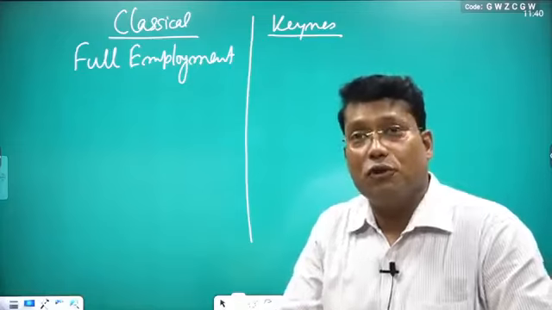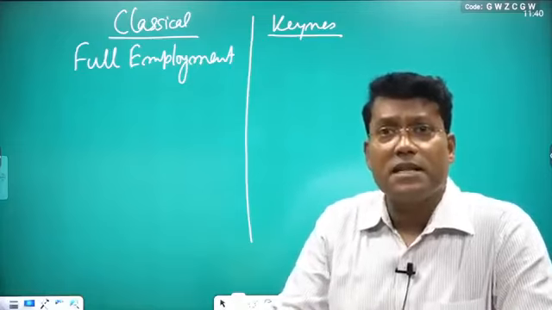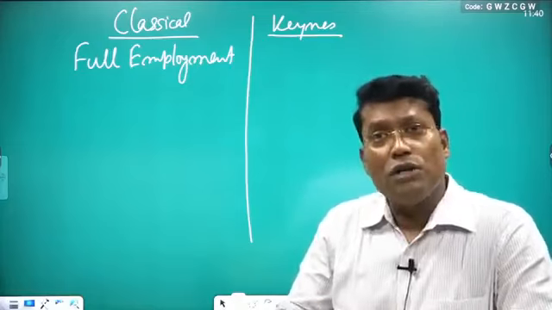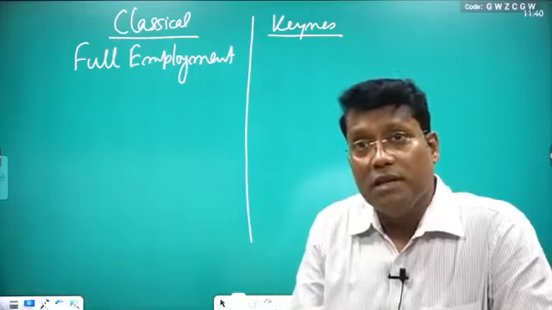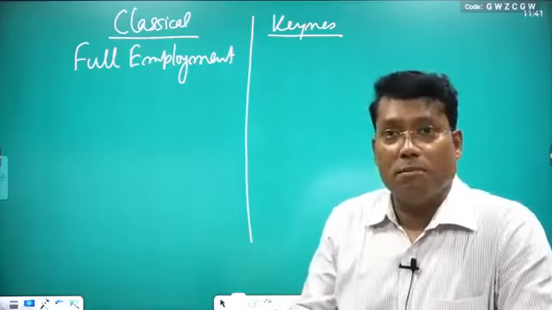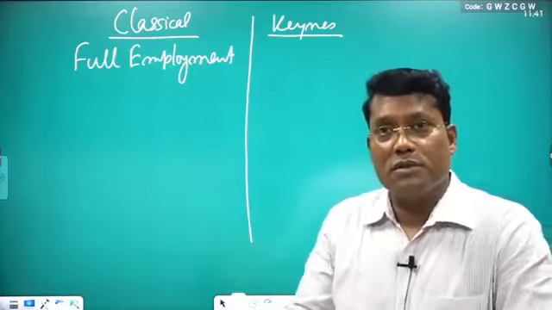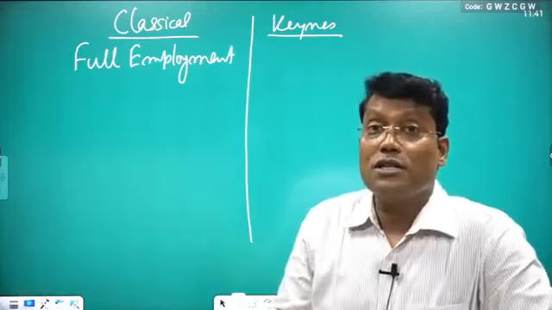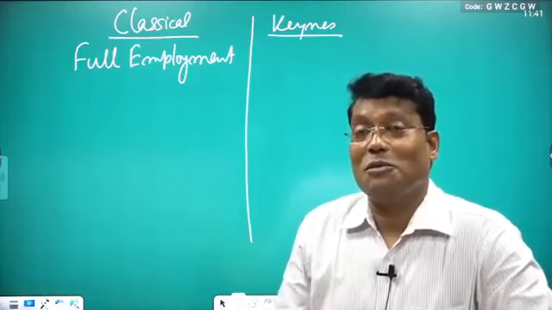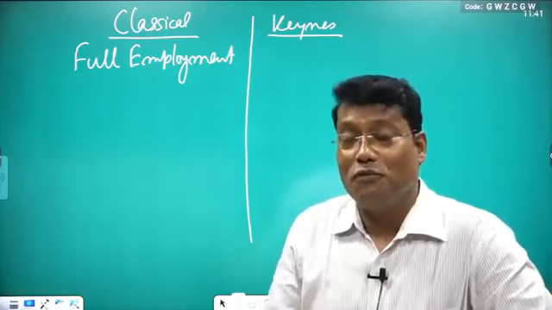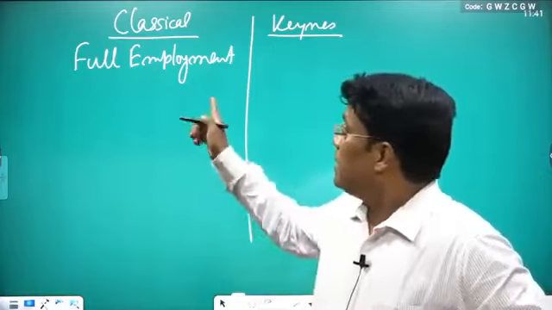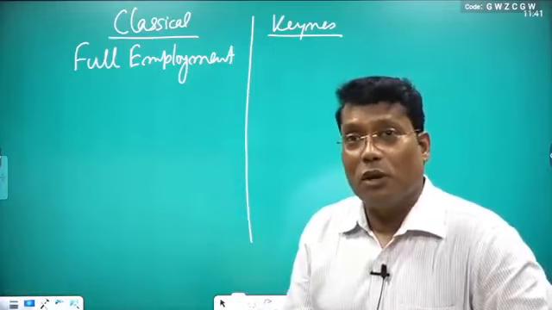So we can say there is full employment, because the basic concept starts with using all resources including labor and producing the output. The maximum output you can produce is known as the full employment level of output, because you used all the labor. So remember, in classical theory there will be full employment.